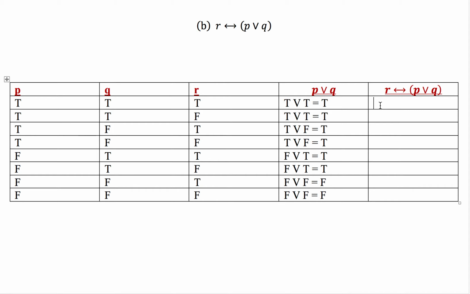Okay, last column. We're going to first copy the R's. So I am copying this column over here first. So that's going to be TF, TF, TF, TF. Okay, then I'm going to do my symbol. Let's see if I can get this symbol done.